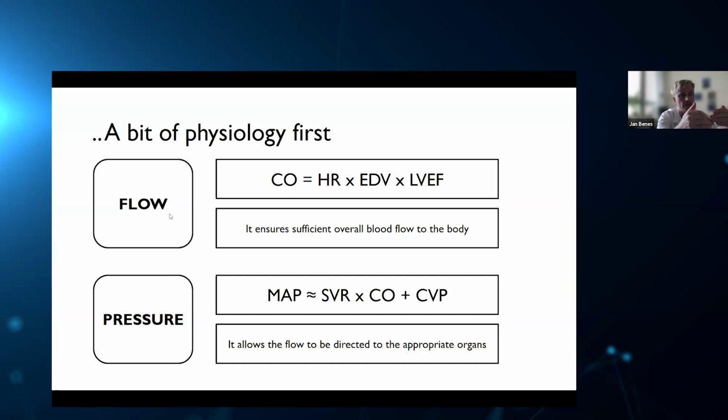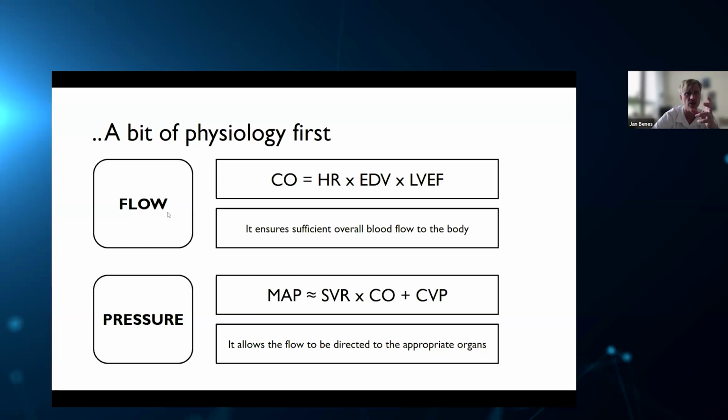And there is the other side, which is pressure, which is usually related to the cardiac output. That's also related to the systemic resistance. And basically, the body uses the pressure to regulate, to direct the flow or to separate the flow from some organs into other organs, to manage the appropriate flow into the organs that need it.